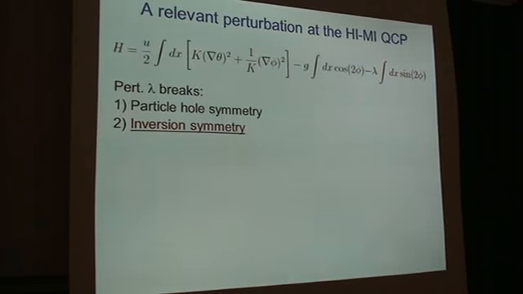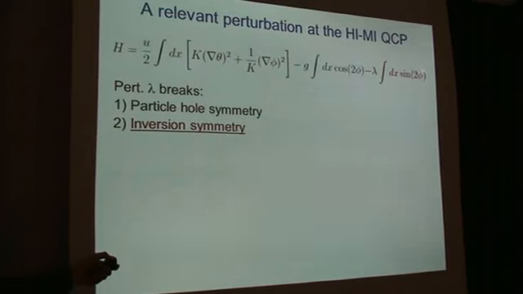The problem is that this sine 2 phi term does not comply with all the symmetries of the original model that I wrote down for you, because you can see it breaks particle hole symmetry, but that actually was not present in the original model anyway, so that's not important. But it also breaks inversion symmetry, and the reason is if you take x to minus x, you also take the displacement field, which is also basically like x, phi to minus phi.